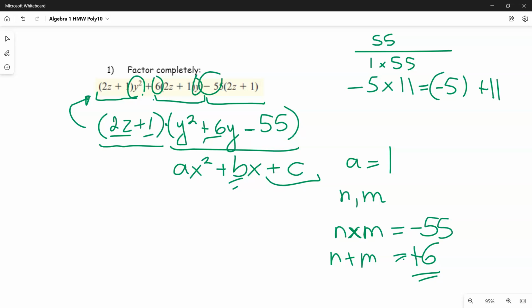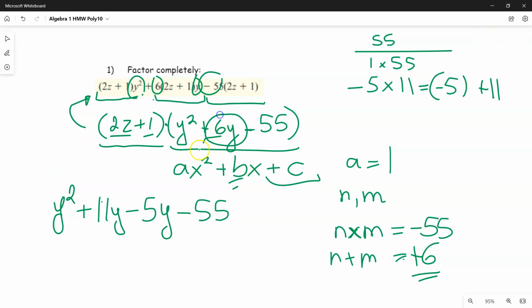Now we can rewrite this polynomial as y squared plus 11y minus 5y minus 55. What we did is we showed the middle term as the sum of these two terms, positive 11 and negative 5.